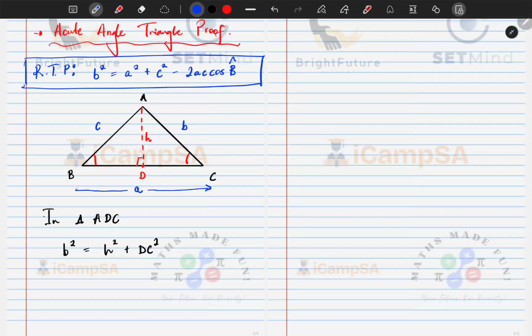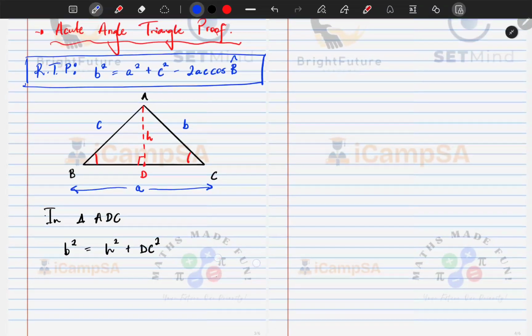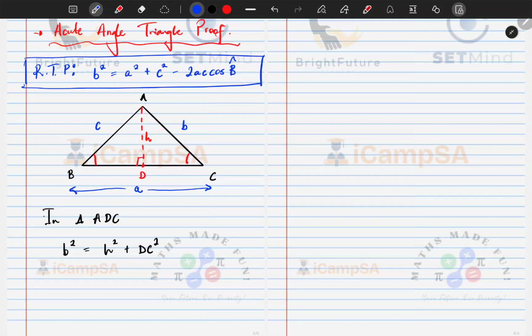So I want to represent DC in terms of a, and the way I'm going to do that is: BC is equal to BD plus DC.